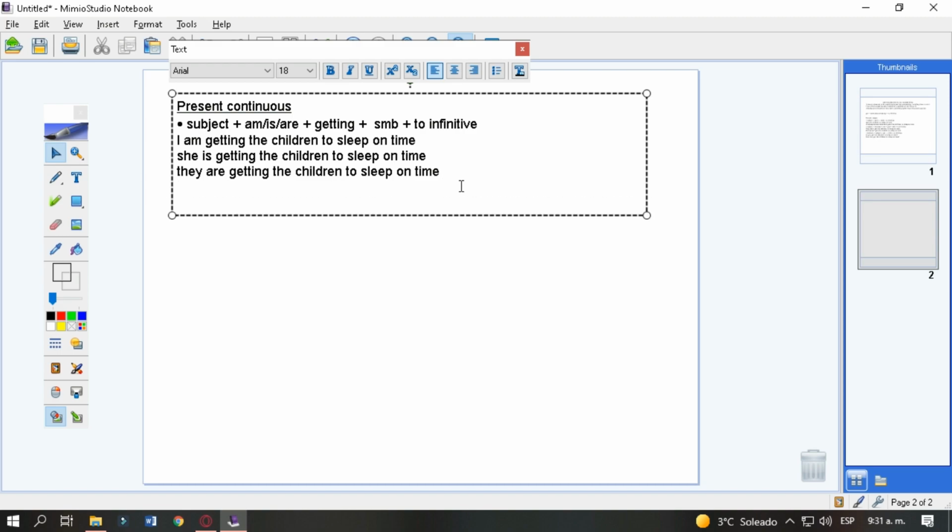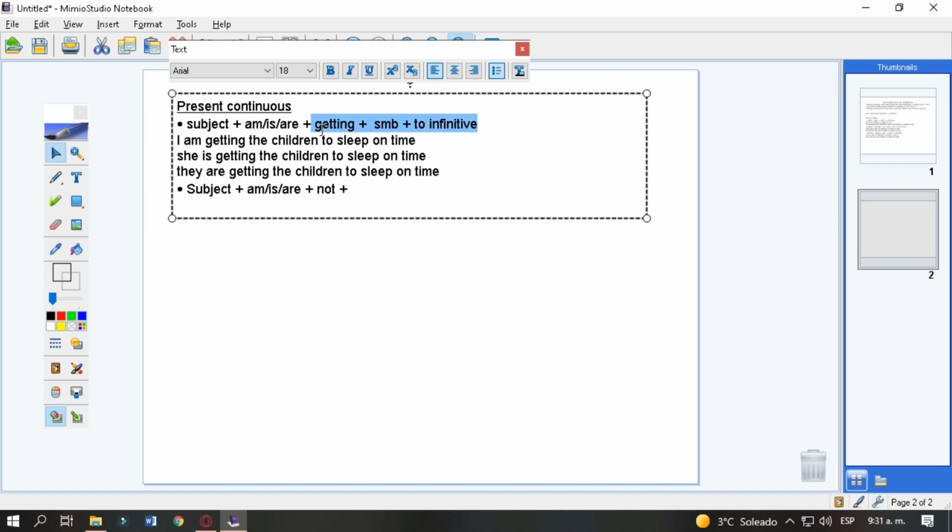If we want to make a negative, we're going to need subject plus is, are plus not plus getting plus somebody plus to infinitive.